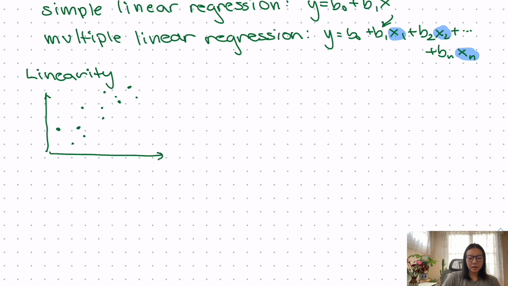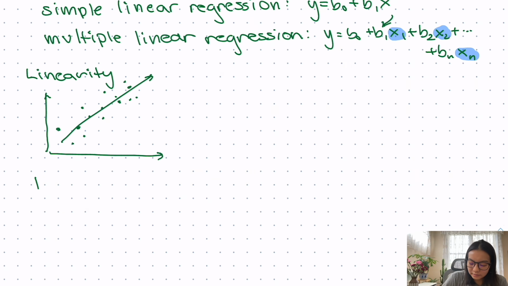So what's an example of a nonlinear data set? Let's say I had data that might look something like that, okay? Just visually judging this, you might say it seems like the line of best fit might actually be some curve like this, right? And in this case, we don't satisfy that linearity assumption anymore. So with linearity, we basically just want our data set to follow some sort of linear trajectory.